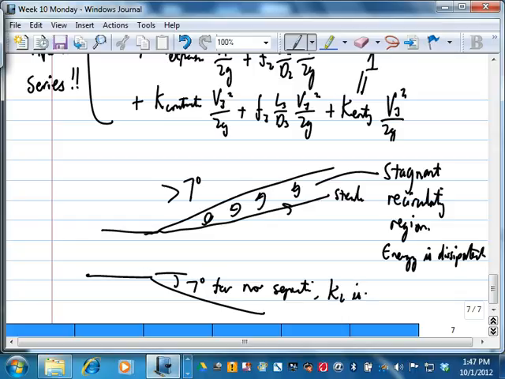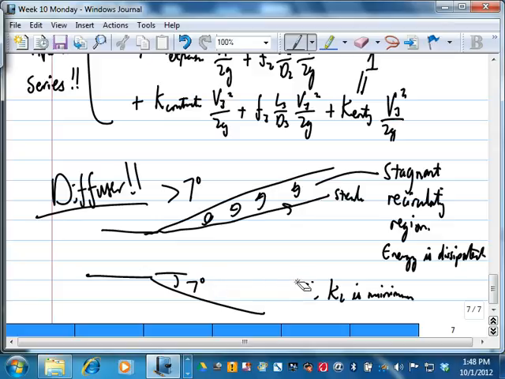So KL is minimum. This is a diffuser. Any questions so far? KL is minimum for 7 degrees, no separation. Okay, no separation.